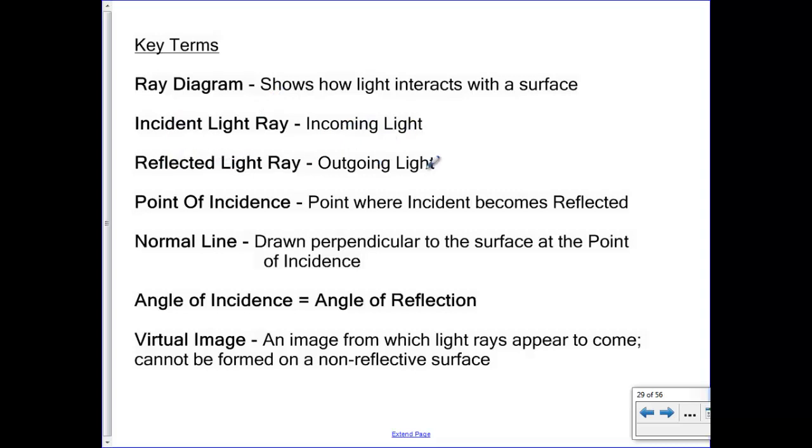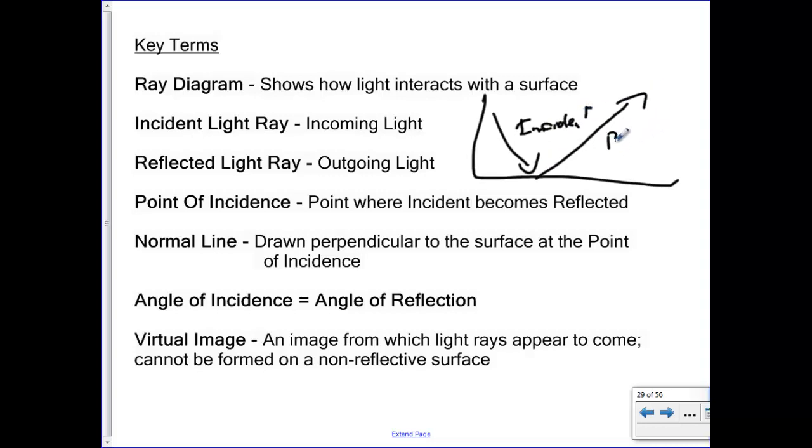Reflected is the light that's outgoing. That makes sense. So light's going to come in, so that's incident. Then it's going to bounce off of, say, a lake, a mirror, something, I don't care what, and then it goes back out the other way. Does that make sense? If I were to draw a picture and it's going in like this, this is incident. Then it'll bounce the other way, and this will be reflected.